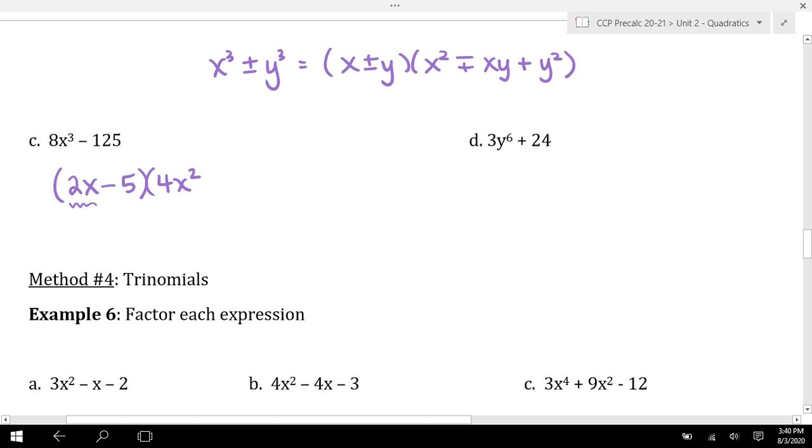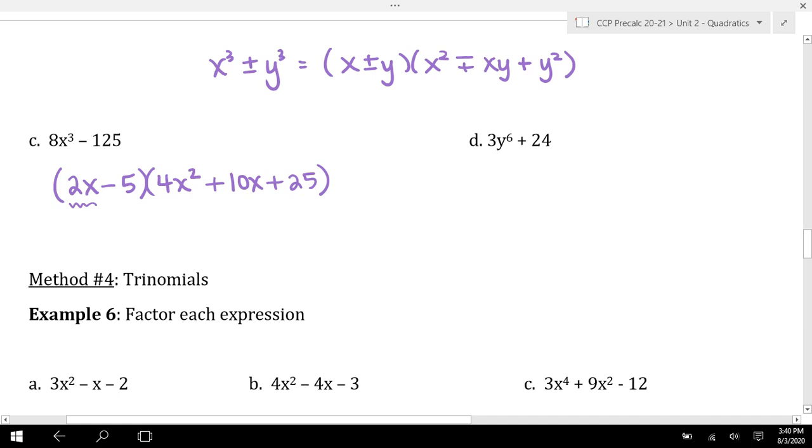Middle term is the product of the 2x and the 5. So 2x times 5 makes 10x. And remember that middle term always switches signs or has the opposite sign. So I'm going to change it to a plus. Last term, always a plus. And we will square the 5 and just make 25. And there it is. That's our difference of cubes formula.